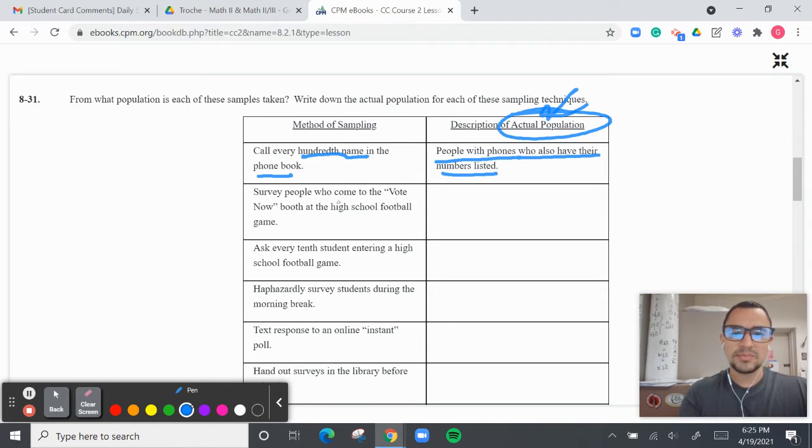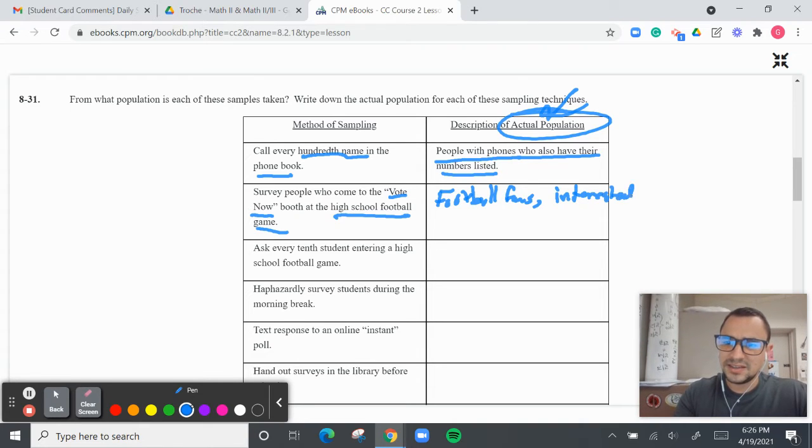The next one, survey people who come to the Vote Now booth at the high school football game. Well, if they're voting, that's good, but here's the thing. You're only getting people that are probably high school football fans or that support athletics who are interested even just in stopping by. So the actual population is football fans, for example, interested in voting, because if they don't want to vote, they're not going to stop by the booth.